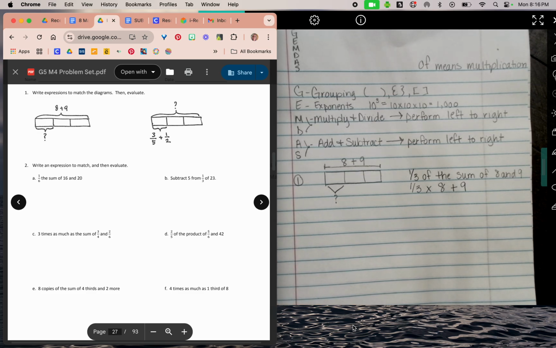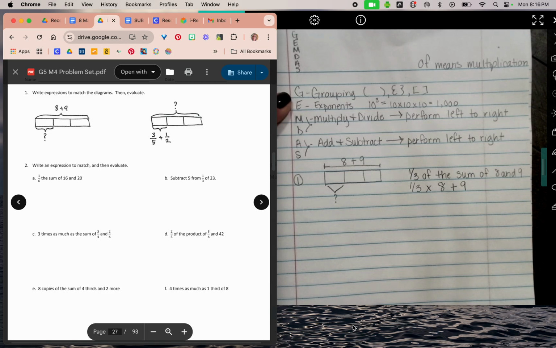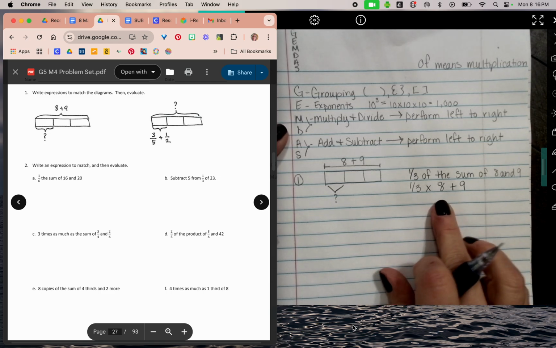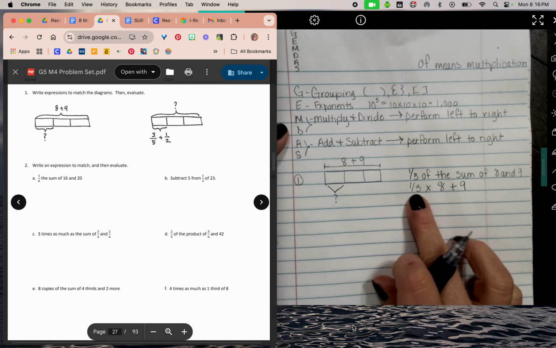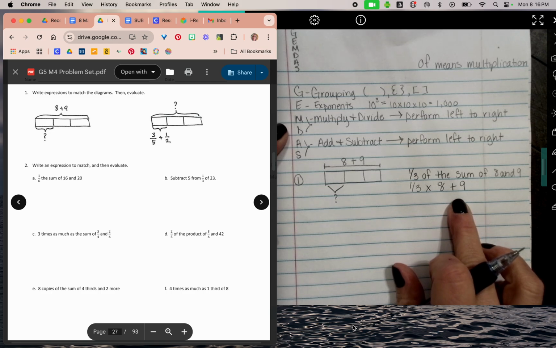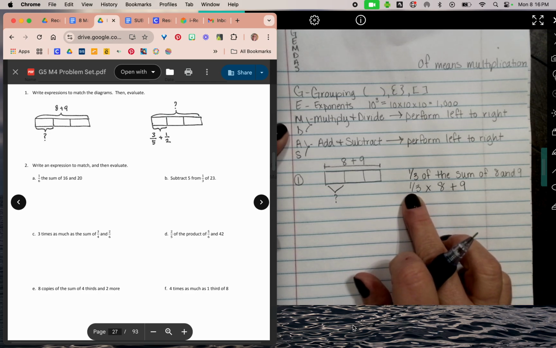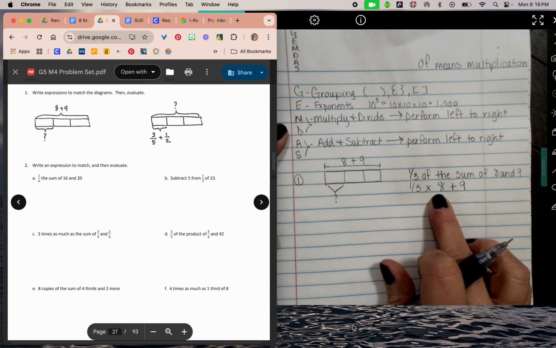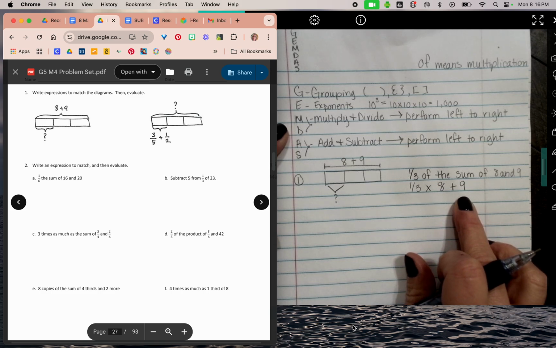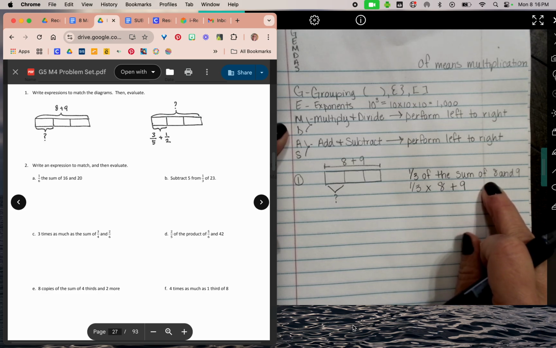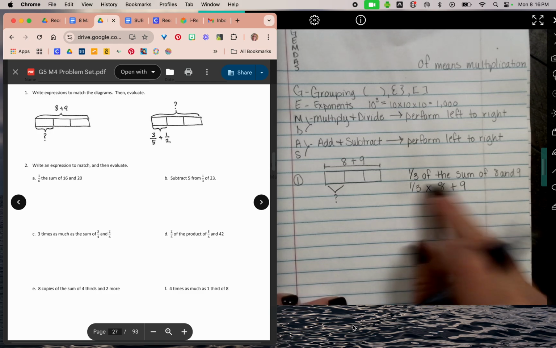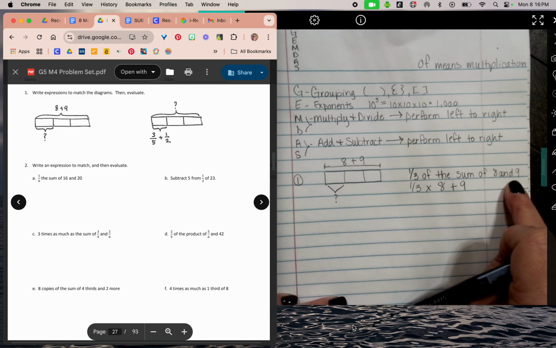Now, I can't just walk away from this because I have to remember that no matter what, number sentences always have an order of operation. And so if I were to just leave this as is, I'm taking 1/3 of 8 and then I'm going to add 9. That's not what this tape diagram is asking me to do. I need 1/3 of the sum of 8 and 9. So I have to find my sum of 8 and 9 first.